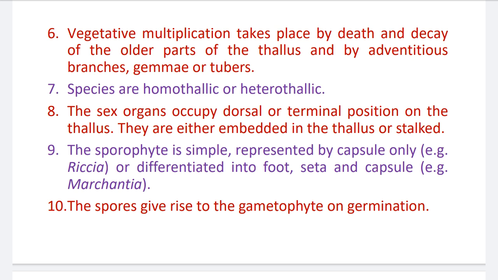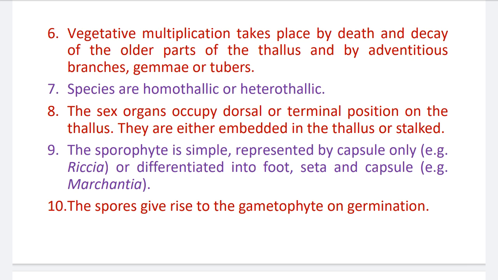These Hepaticopsida reproduce vegetatively in many ways. Death and decay of the older parts of the thallus: here fragmentation is the most important thing. Then adventitious branches are developed, and when these new branches cut their connection from the mother thallus, they grow independently and produce a new thallus.